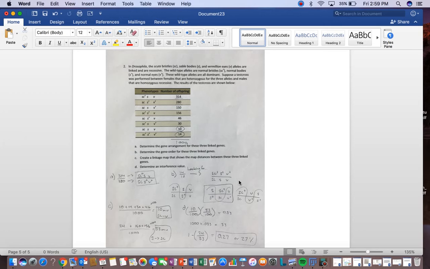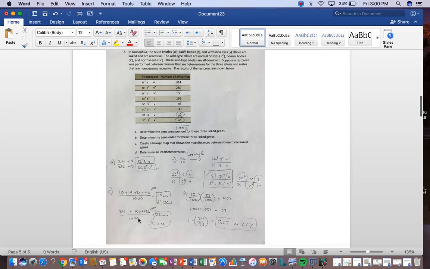Then you do a double cross to determine which one, when you cross it, is going to give you that genotype of the 2 least amount. We determined that would be the S, SC plus, and V over S plus, SC, and V plus.